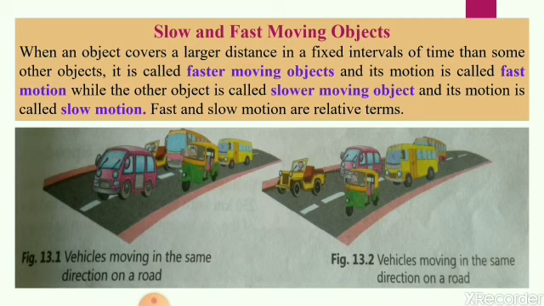Now suppose you have two options. You can cover that distance by your bicycle, or you can cover that distance by bus. Now suppose first you are going to your school by bicycle.